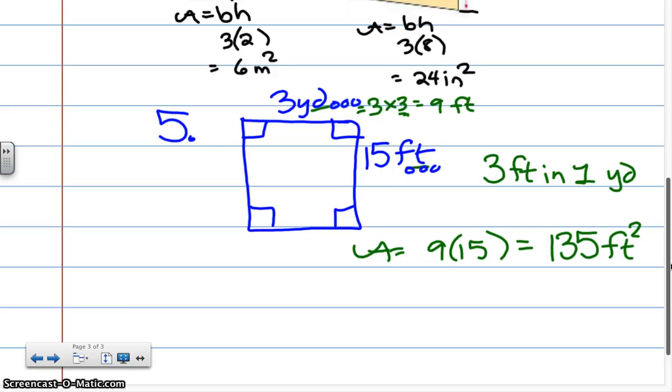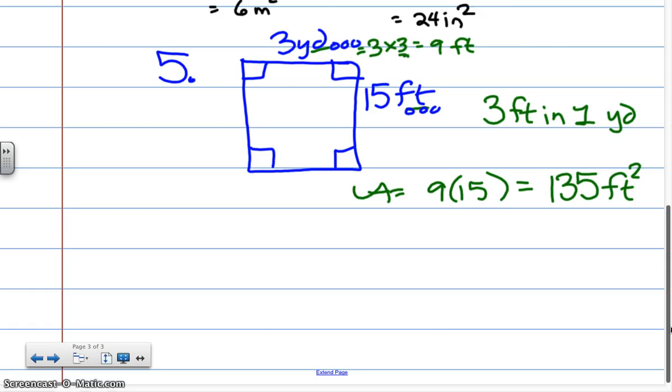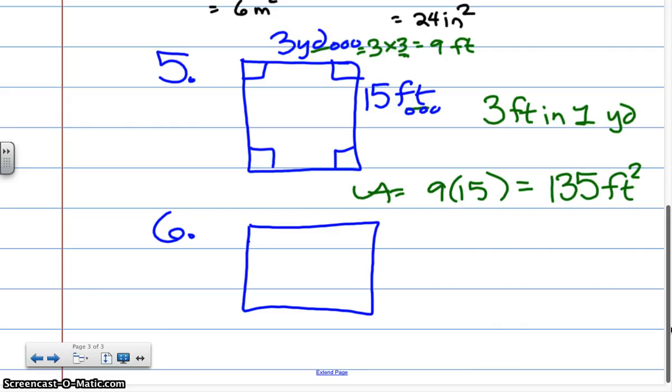One more example from your homework where we have to do a little converting. I have 100 centimeters. This is not a square. Looks like a square, maybe it is. So I have 100 centimeters and 1 meter.